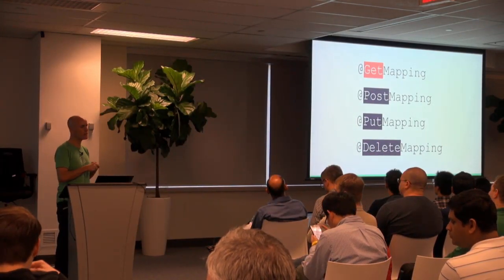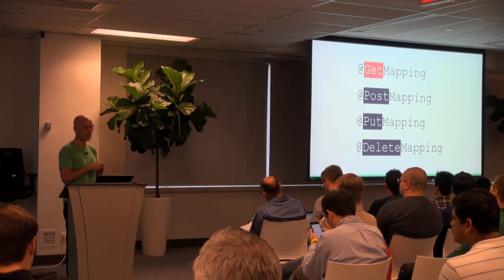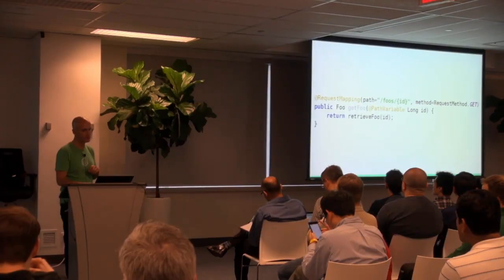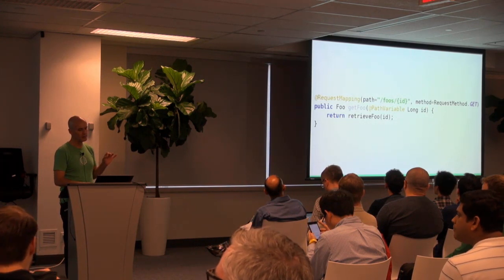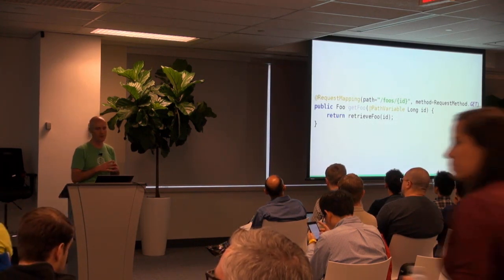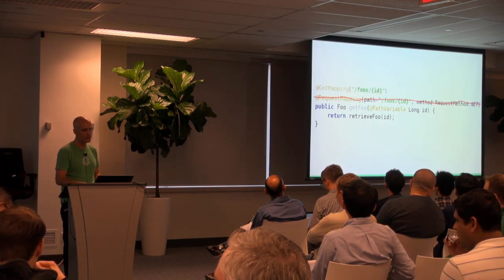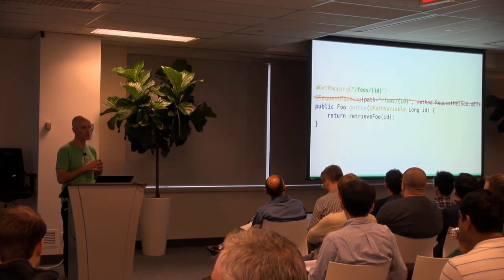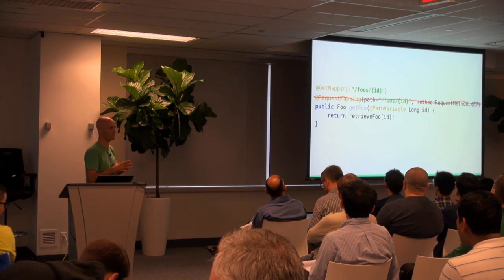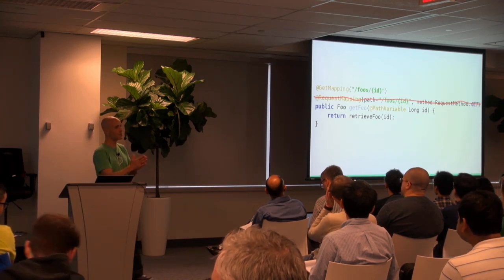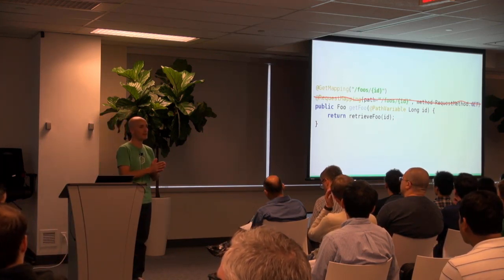But ultimately, I think the thing which matters the most, and even this I will show you saves quite a bit: this is how you might express a request mapping annotation without these composed annotations. And then you see that the end result here, GetMapping, is much shorter.